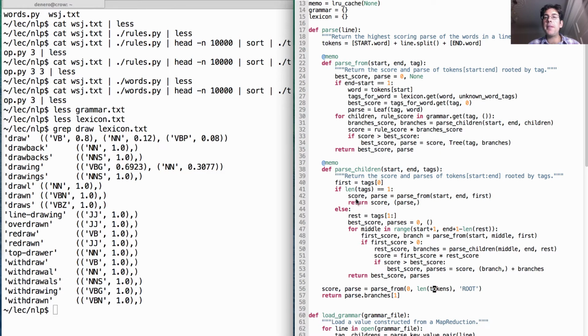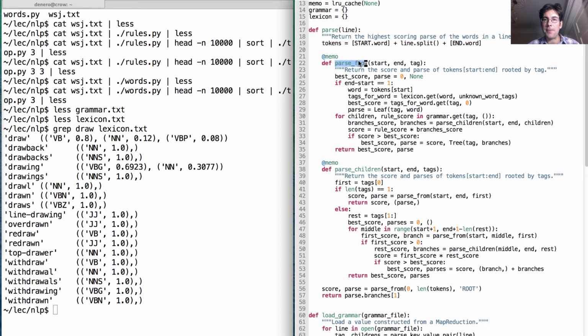And then the two elements of this are parsing some span of the sentence, which just tries to find the best score and the corresponding parse, where if the whole span is just one word long, then we look up the word in the lexicon. Otherwise, we try every grammar rule for the tag at the top of the parse, and we try to parse its children.